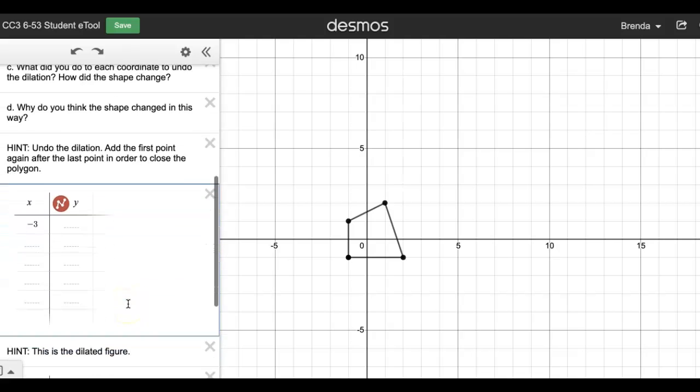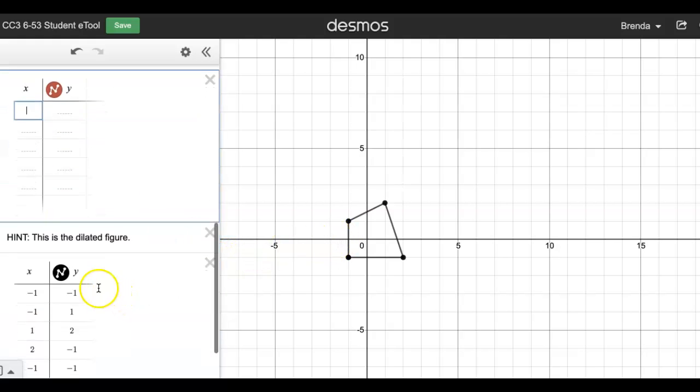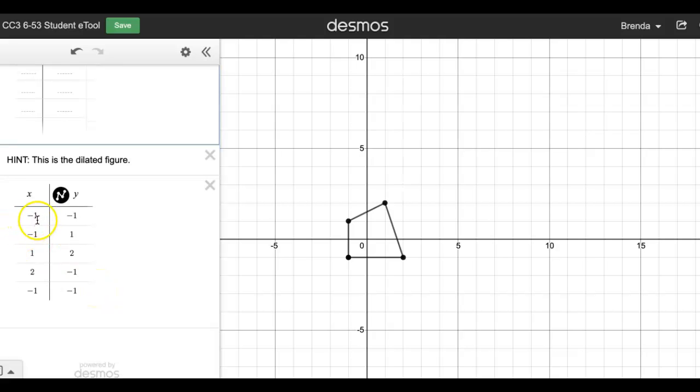So in order to do that, I'm going to look at this coordinate here, which has a coordinate of negative 1 and 1, and I want to multiply that by 3. So it shows you right here what her original coordinates were.